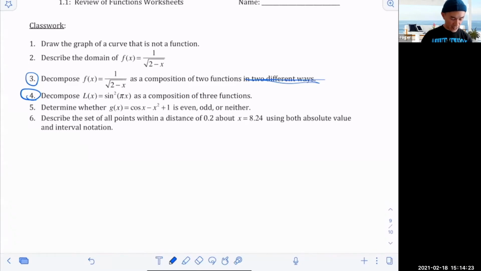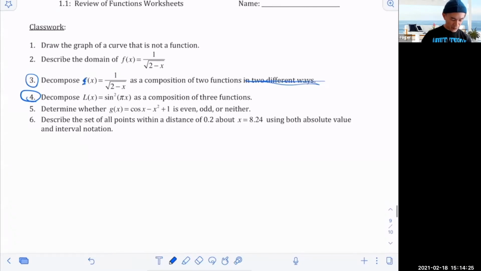So the first thing I'm going to do is I'm going to change the name to h of x, just because f usually means the outside and g means the inside. And I'm going to do something that you may not like.